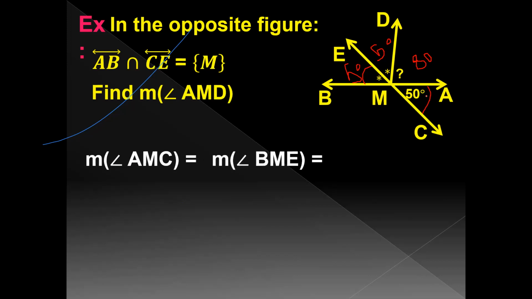AMC equals BMD, vertically opposite angles, each one is 50 degrees.